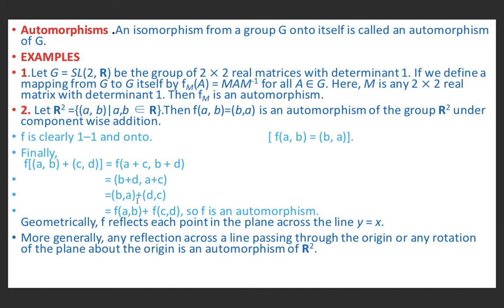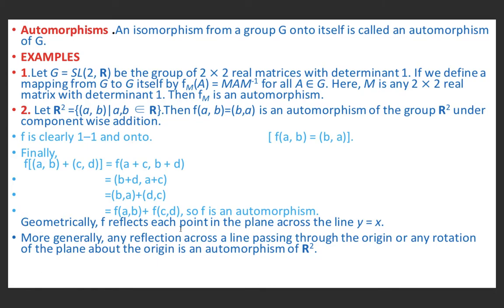And (b,a) is nothing but f(a,b) by definition, and (d,c) is nothing but f(c,d) by this definition, because f(a,b) is defined to be equal to (b,a). So f is an automorphism. Thus we have shown that the mapping f defined as f(a,b) equal to (b,a) is an automorphism of the group R square under component-wise addition.